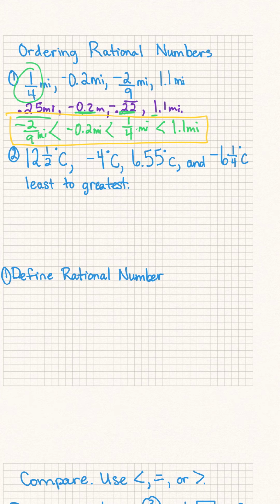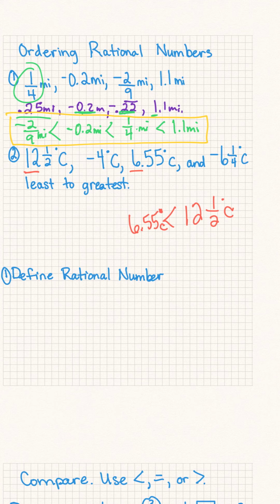So this next one, we are going to label it least to greatest. Looking at the numbers, we are going to see this one is a positive. So that's going to be the greatest number, because the only other positive we have is a 6.55. So that's going to be over here. 12.5 degrees Celsius is bigger than 6.55 degrees Celsius.